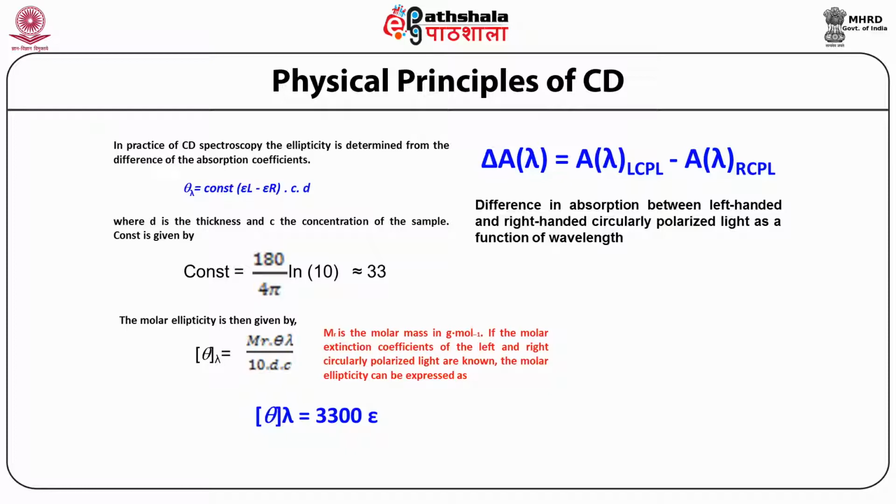So the molar ellipticity is given as M_r theta by 10 D C, or it can be further expressed as theta lambda equals 3300 times delta E, where E is the extinction coefficient.